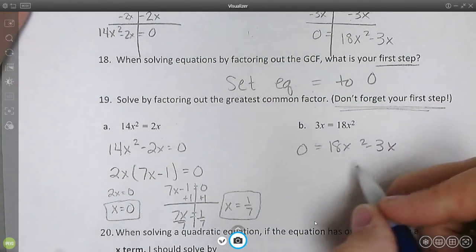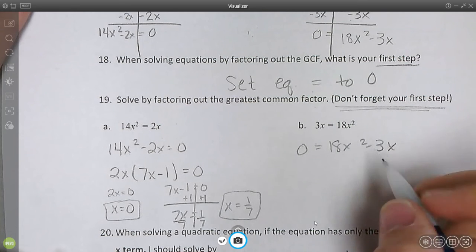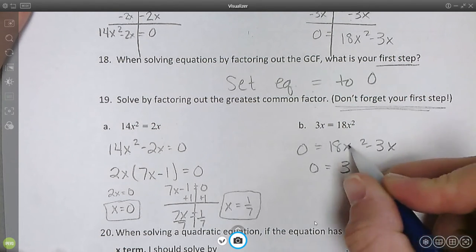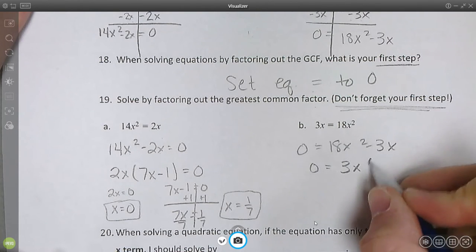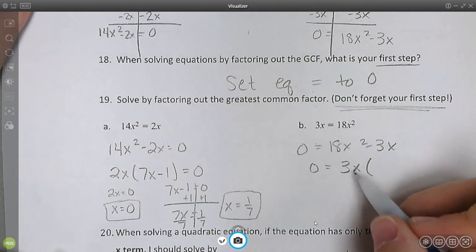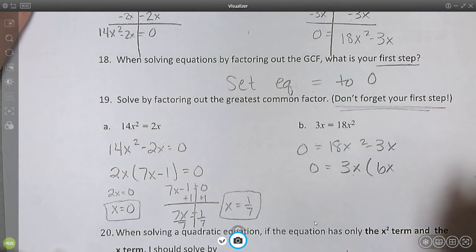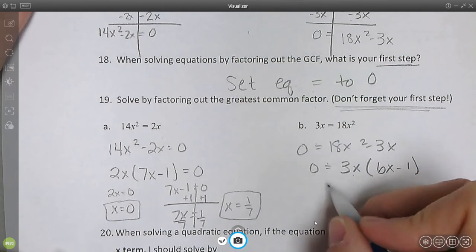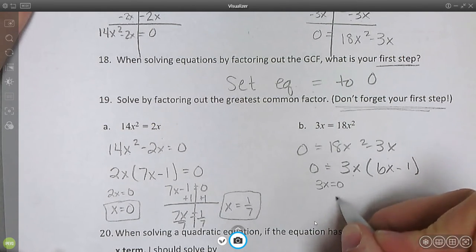Okay, this one, greatest common factor, 18 and 3. That'll be a 3. So 3, we have x squared and x, so we'll have an x on the outside. If I take 3 out of 18, we have 6x, and then minus 1. Draw the line. Set each of these equal to 0. So 3x equals 0.